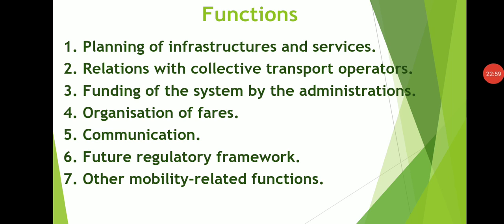The next point is the functions of ATM machines. These are really very basic and easy ones. I am going to read them one by one. The first one is planning of infrastructure and services.